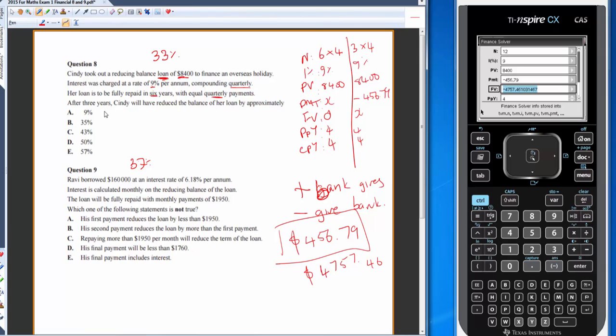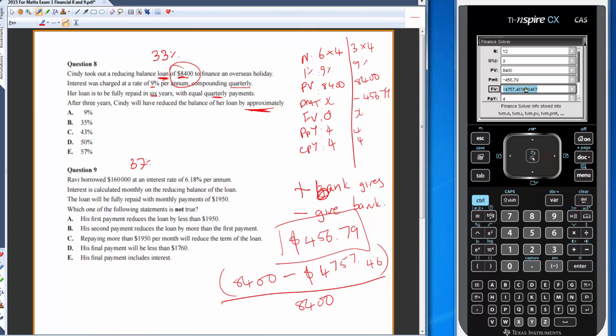So the question here is, after 3 years, Cindy will have reduced the balance of her loan by approximately what. Basically, that's how much she owes, and what we need to do is work out the reduction. That's what she started with, so if we do 8,400 subtract this amount, that'll give us the reduction. Then we want it as a percentage, so we do it over how much she actually borrowed, which is 8,400.